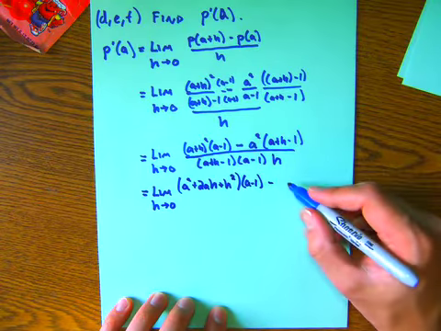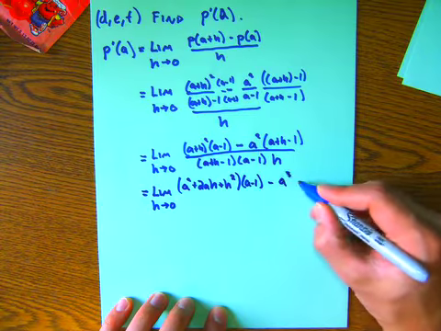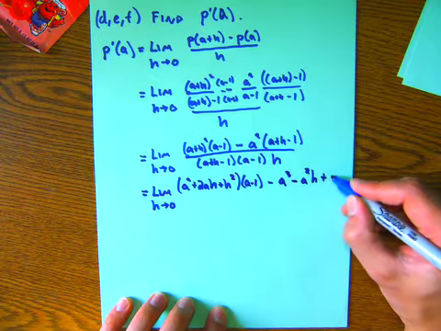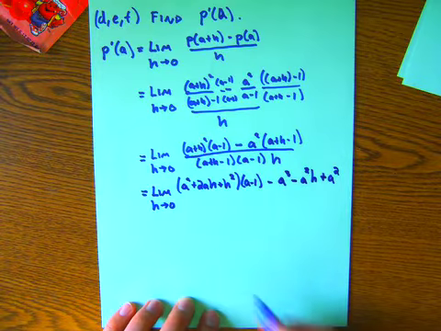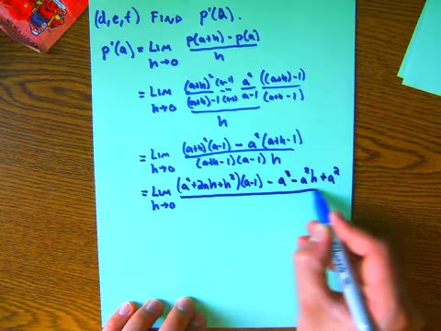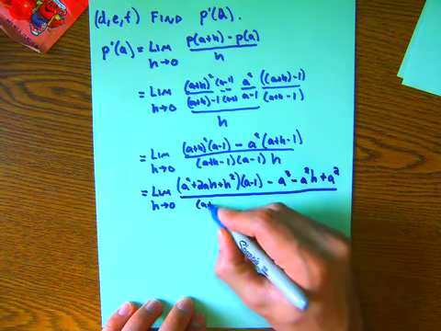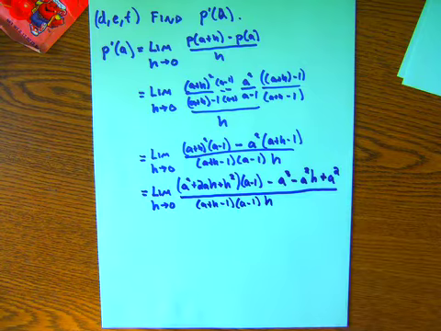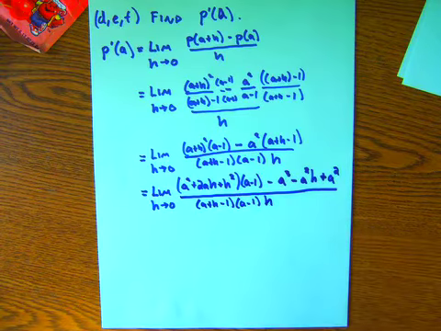If I distribute the a, I'm going to get a cubed minus a squared h plus a squared. And we're going to keep the same denominator: a plus h minus 1, a minus 1, h. And remember, we're still trying to cancel this h.